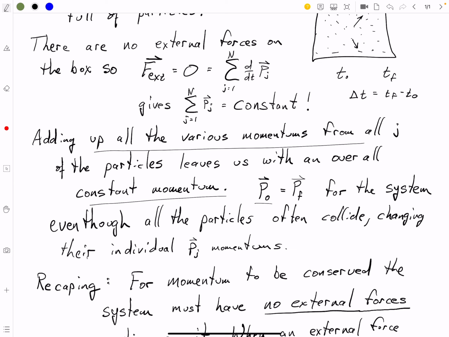Okay? So we look initially, we look finally, and when we do, we notice that after adding up all of the particles' momentums together, we find that the initial momentum and the final momentum were the same. Okay? So, let's recap.